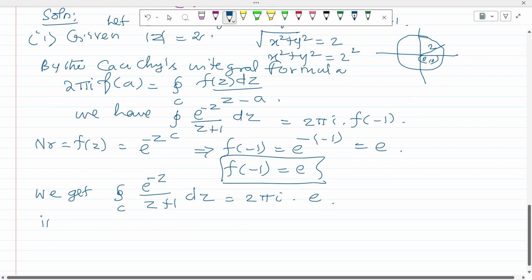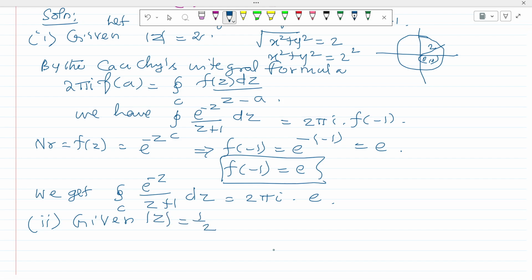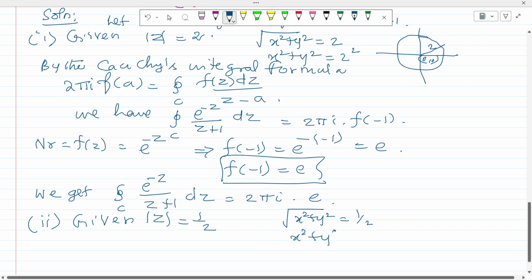Second case. Given mod z equal to 1 by 2. Mod z equal to 1 by 2 means square root of x square plus y square equal to 1 by 2, that means x square plus y square equal to 1 by 2 whole square.